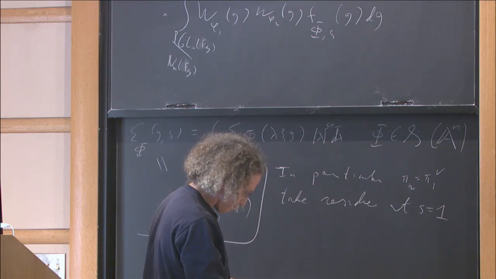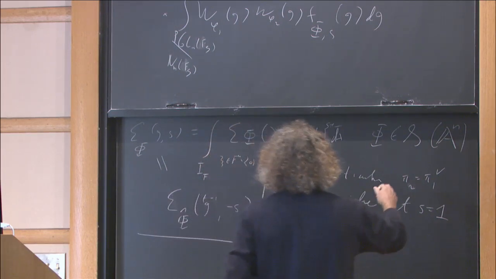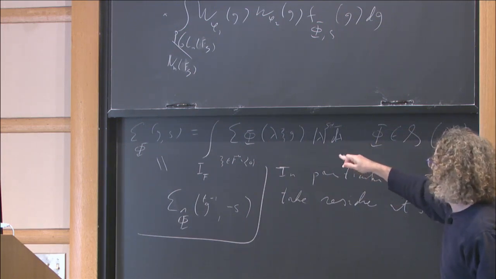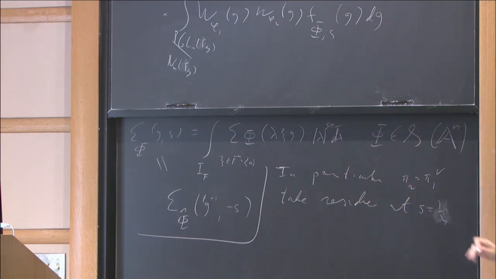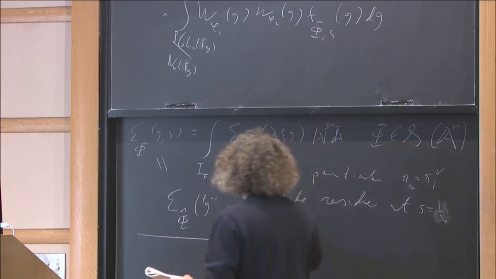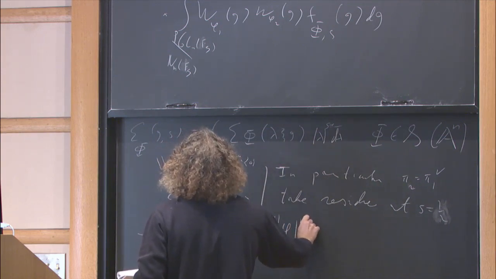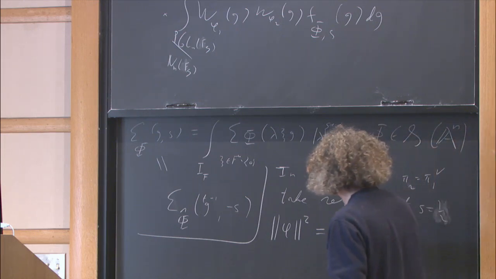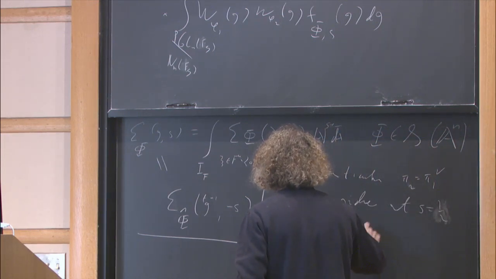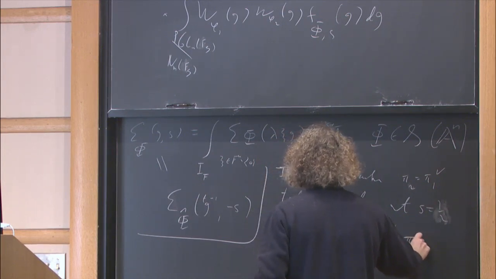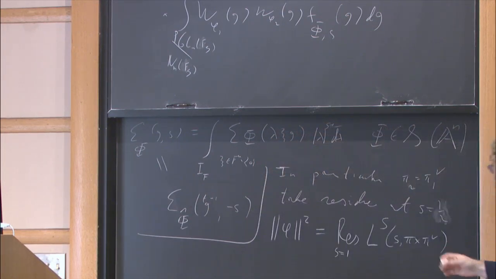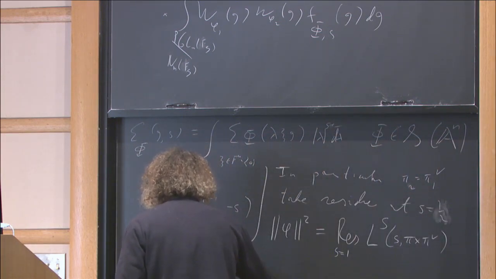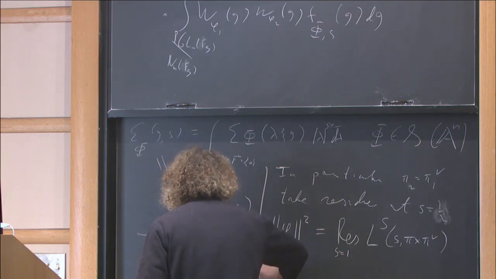And now I want to take s equals, okay, maybe half, so that the pole of the Eisenstein series is just a constant function, and I will get the Petersson inner product of phi equals the residue of the Rankin-Selberg of pi with the contragredient times, let's say, the integral.